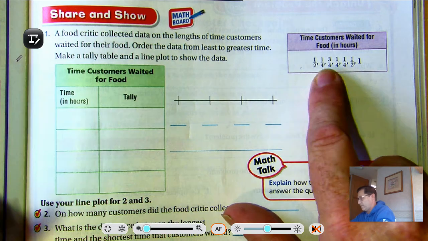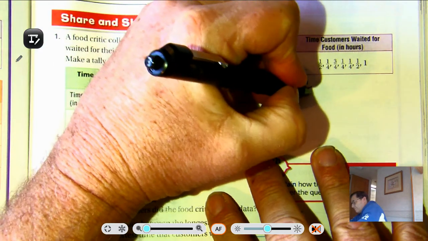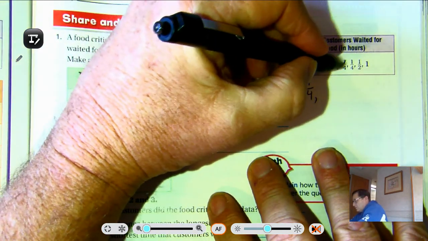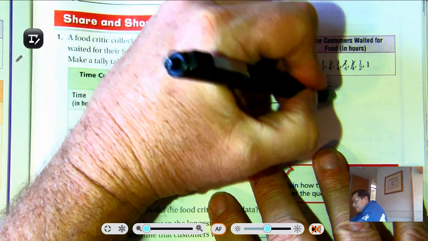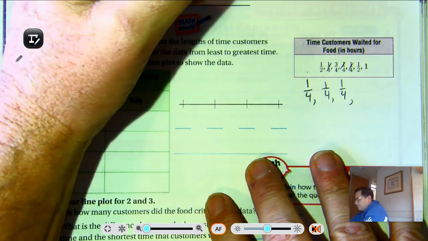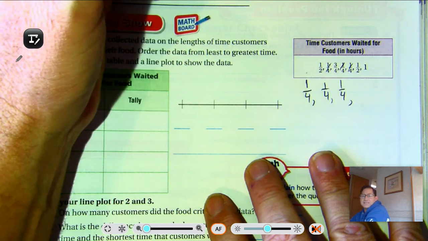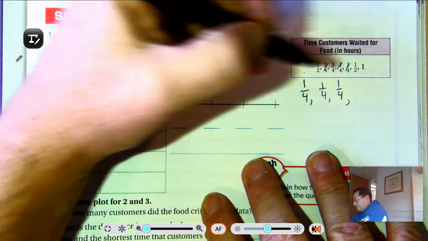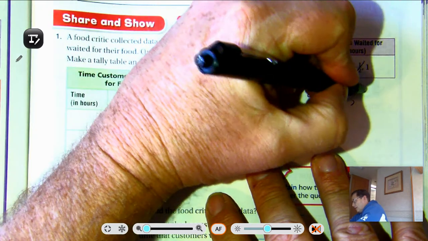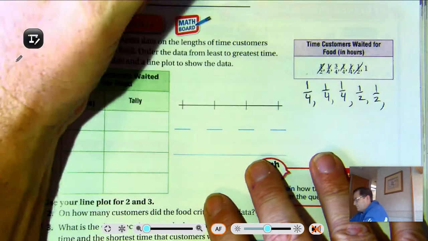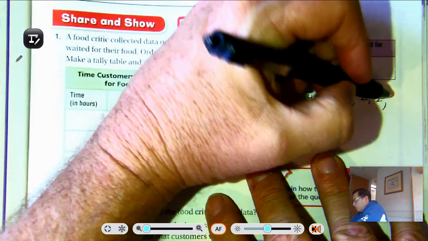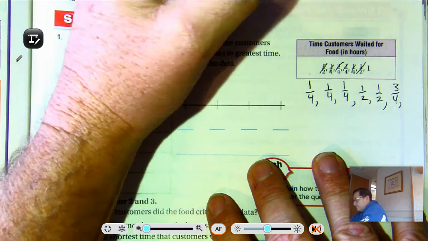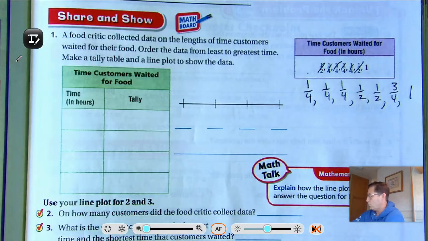So our smallest unit is 1/4. And I see 1, 2, 3 1/4. Our next smallest would be 2/4 or 1/2. So 1/2, 1/2. I saw 2 of those. Now we're going to go to 3/4 and finally 1.